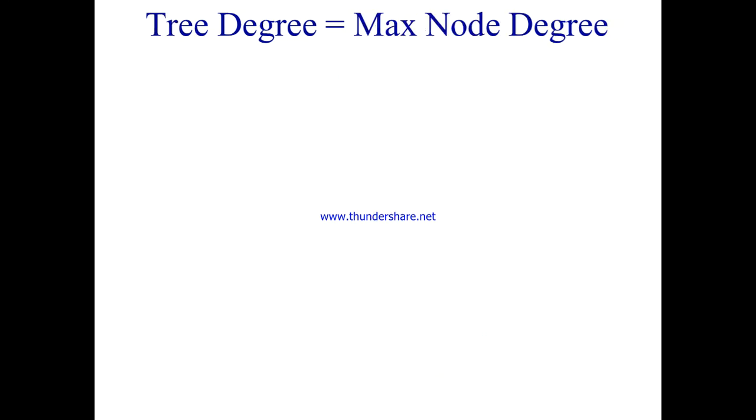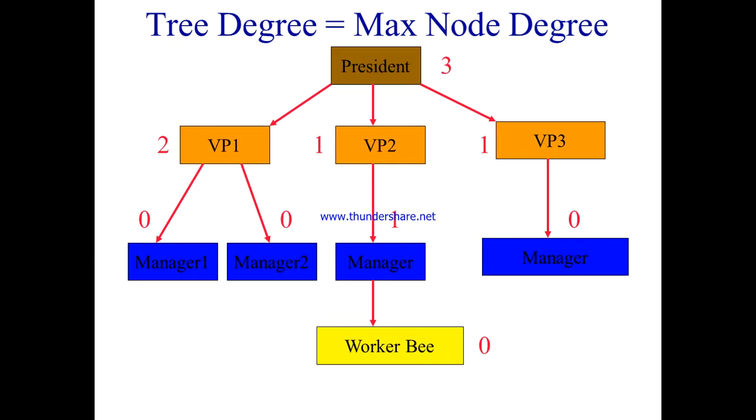Next, if I am taking the tree degree. Each node will have some children, and how many children there are is the node degree. But the overall tree degree is represented by the maximum node degree. So among these node degrees, what is the maximum value? That is 3.